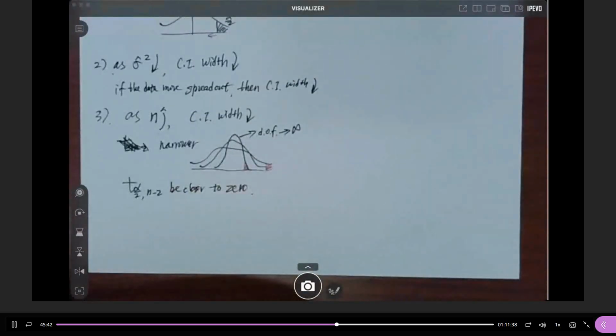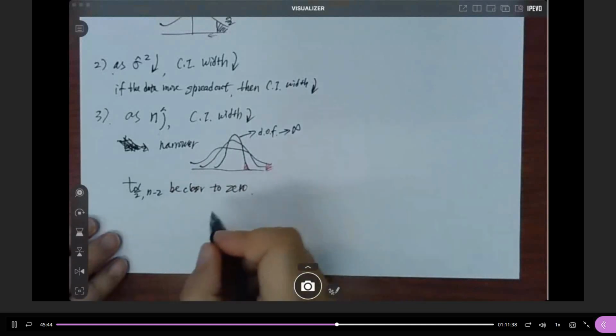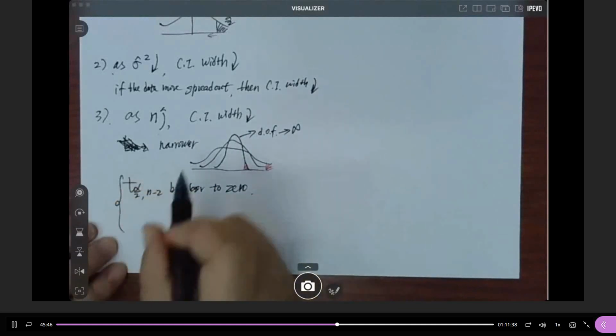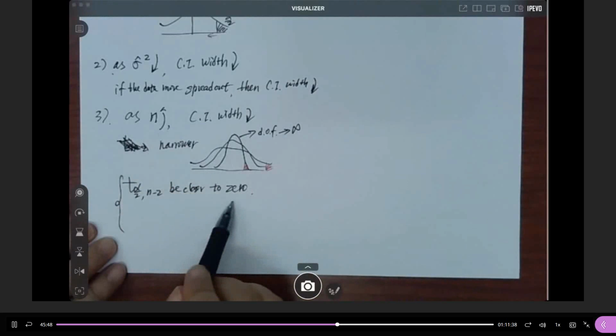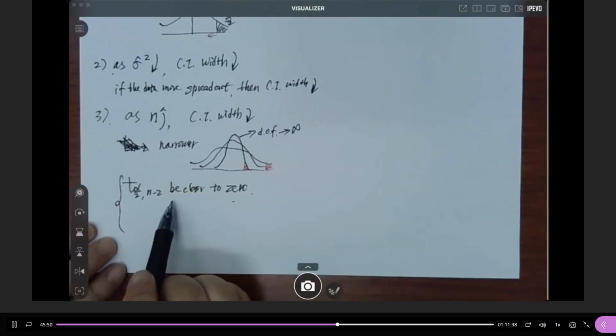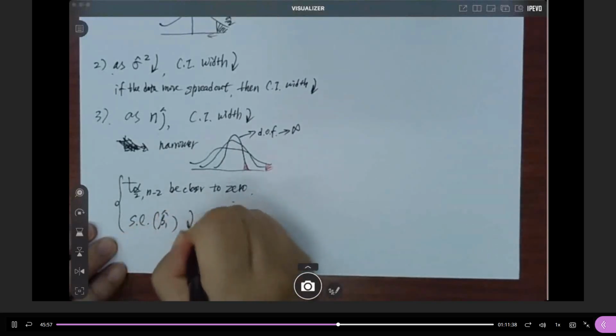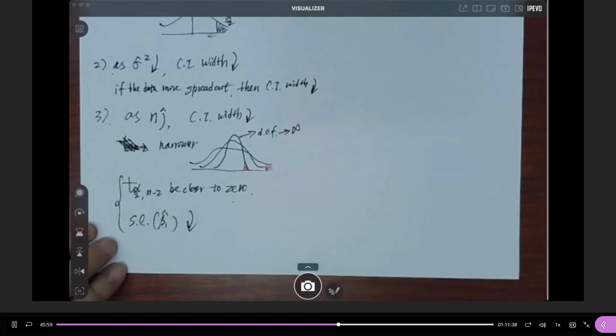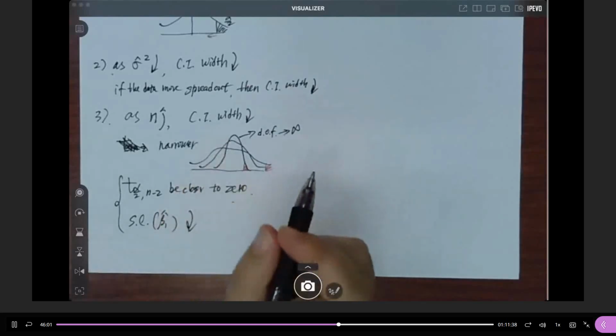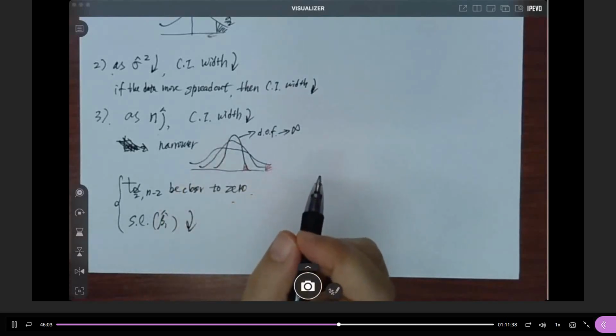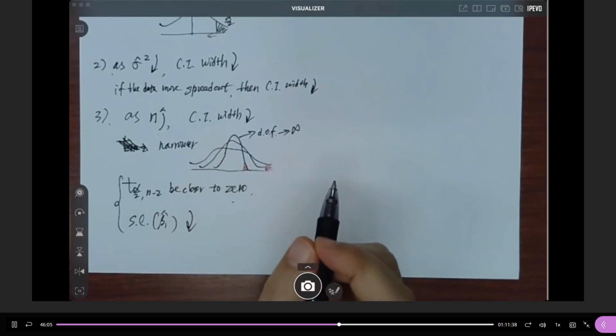That's why your confidence interval width will decrease. So it's twofold. As n increases, the cutoff value will be smaller, becoming closer to 0, and also your standard error for beta 1 hat will be decreasing. So that's why your confidence interval will be decreasing. All right, any questions for this part?